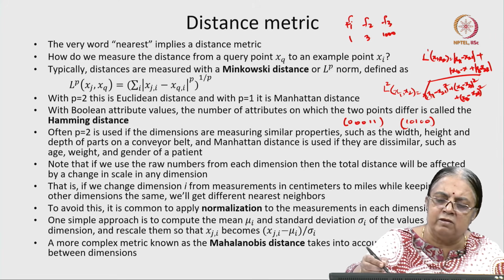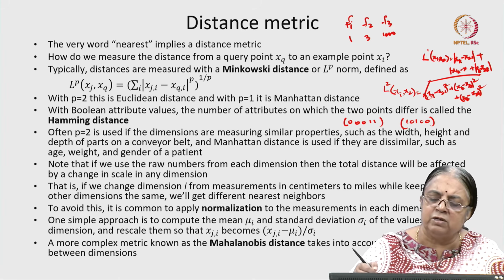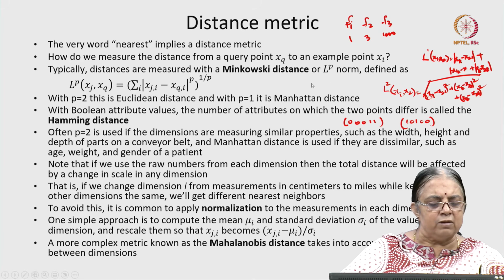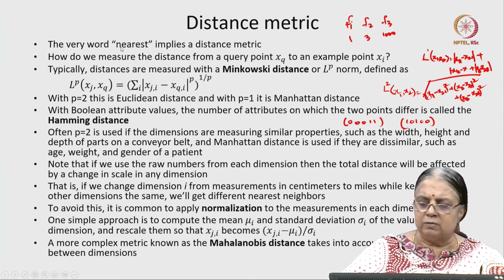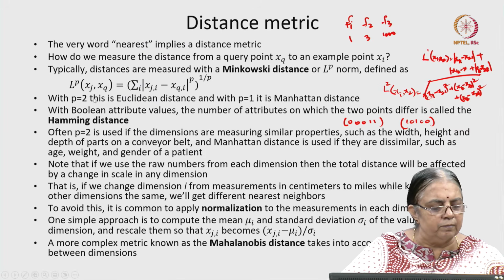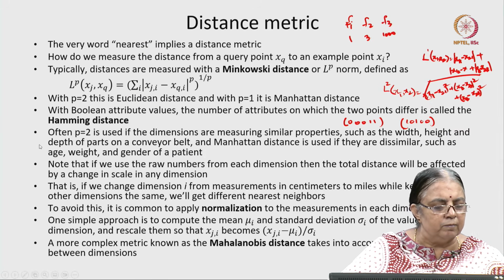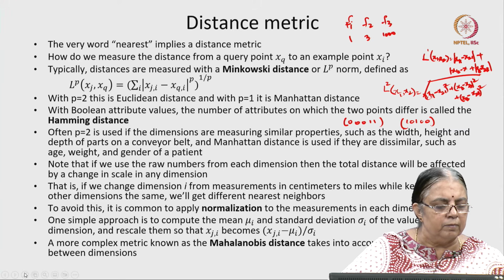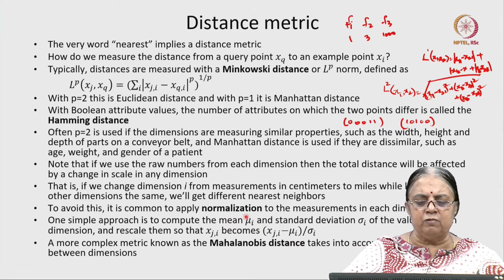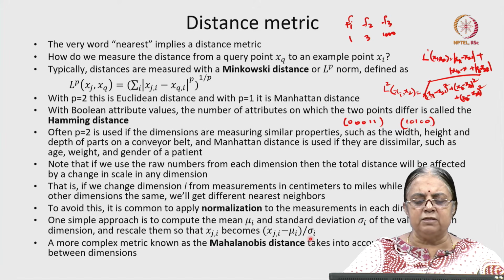You take all the feature 1 values in your data set, compute the mean and the standard deviation, and for every value you take the value minus mu i divided by sigma i.